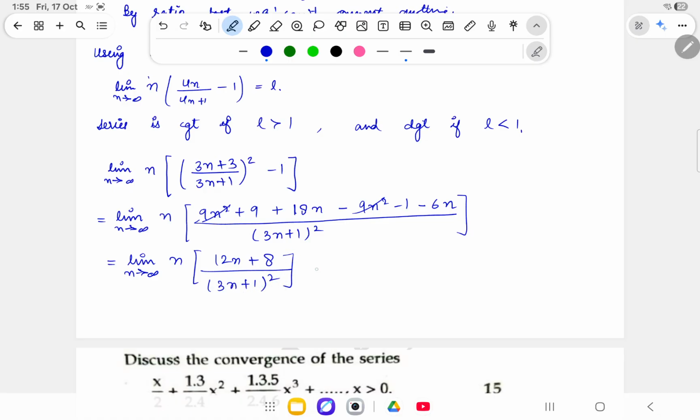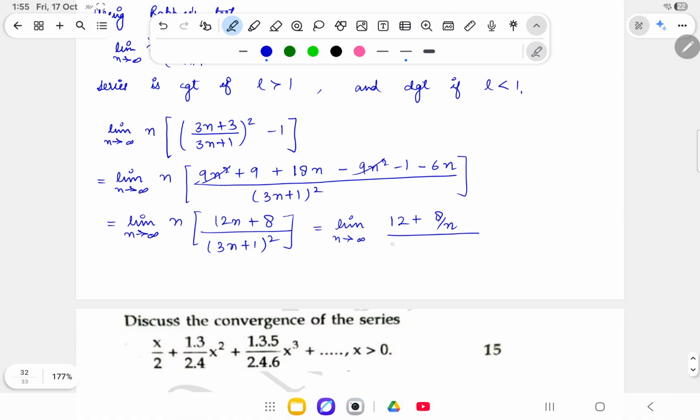Now to calculate its limit, we can just divide by n square in both numerator and denominator. So what we'll get is limit n approaches infinity 12 plus 8 by n divided by 3 plus 1 by n whole square, and if we take its limit, it will be 12 by 9, which is 4 by 3, and it is greater than 1.